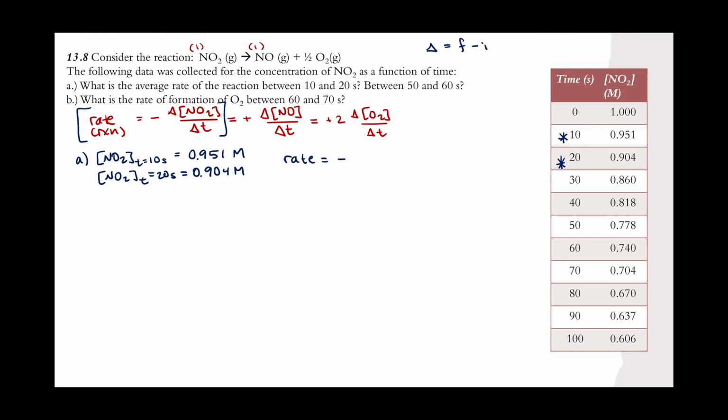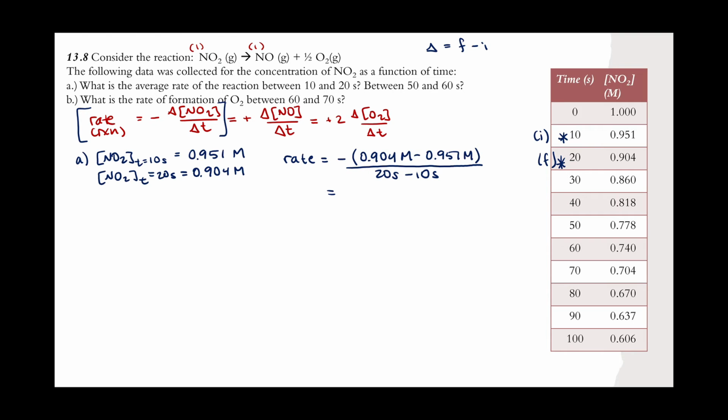If I know that I'm starting initially at 10 seconds in this case and going to 20 seconds, my initial state is 10 and my final state is 20. And I can just subtract those. I'm going to do that in parentheses for the concentration. And then we'll divide that by the change in time.